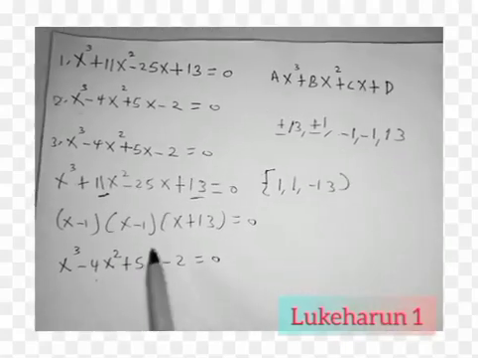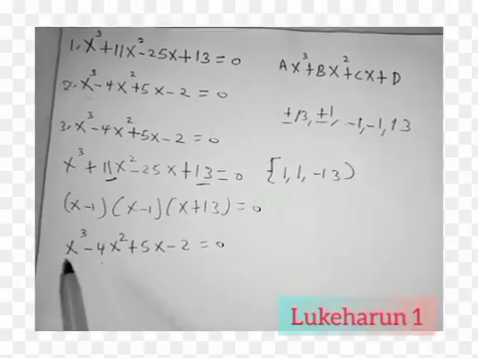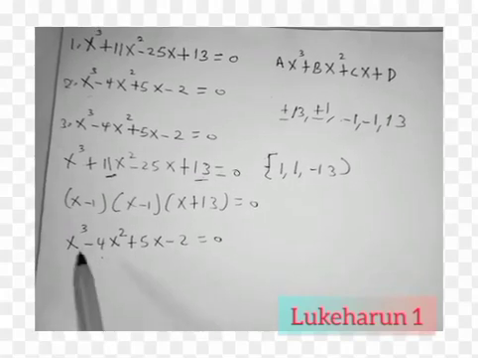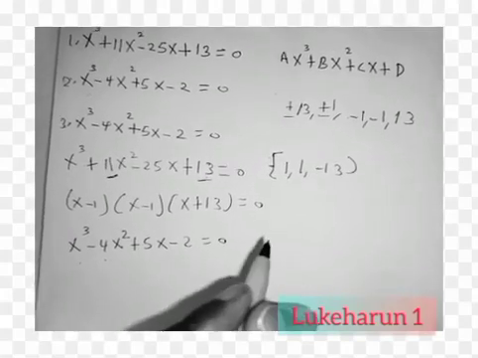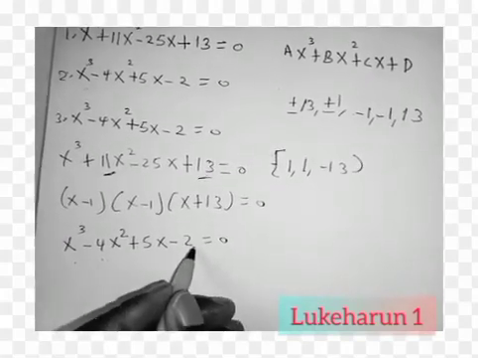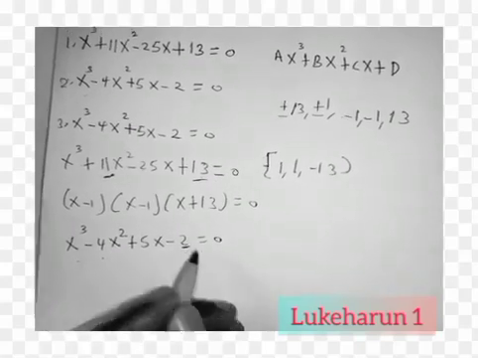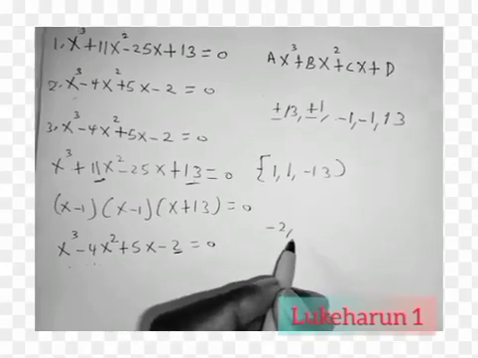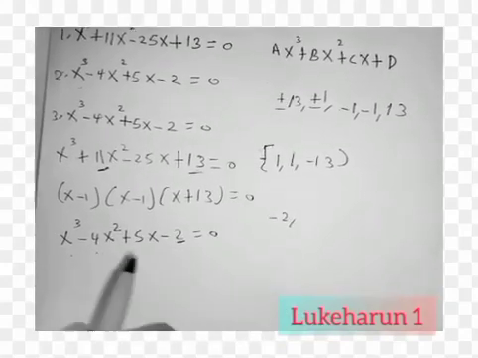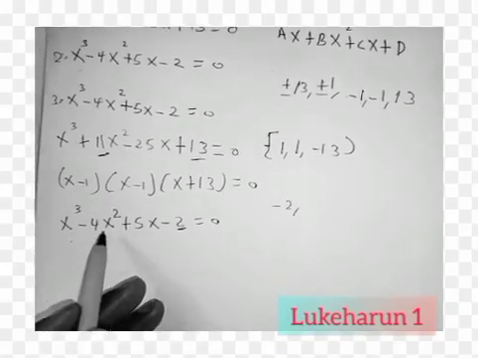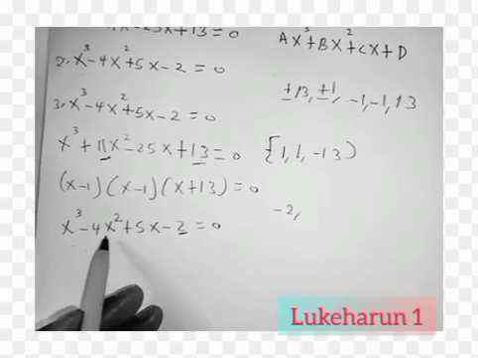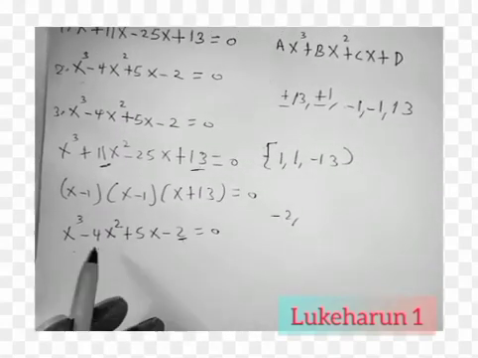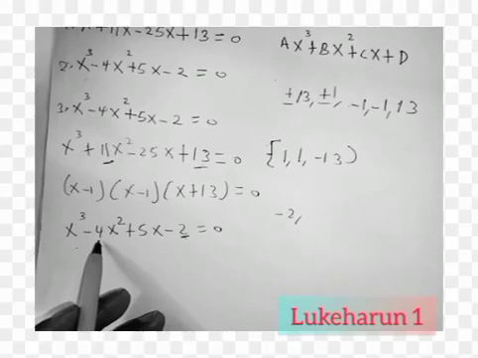As you can see clearly, it is in standard form. Then you get the factors of the last constant, which is negative 2. You ask yourself, what are 3 numbers which when you multiply give you negative 2, and when added give negative 4.